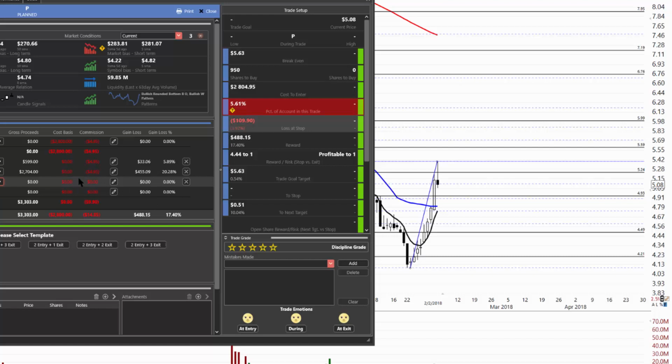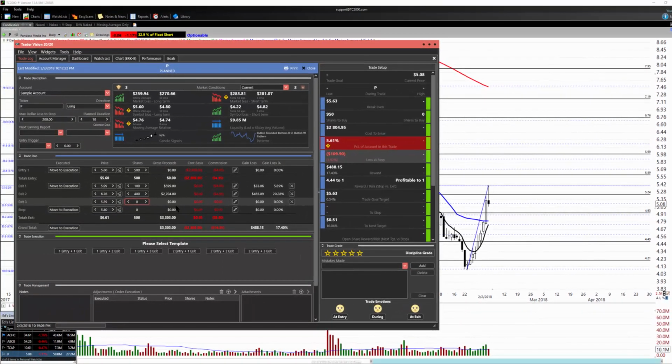Where is a logical place to take profits, logical targets, in relationship to a logical place to place your stop, and how you can play with the shares taken at each level to get yourself above your trade goal as quickly as possible, and still maintain a good enough risk to reward ratio to make the trade worthwhile.